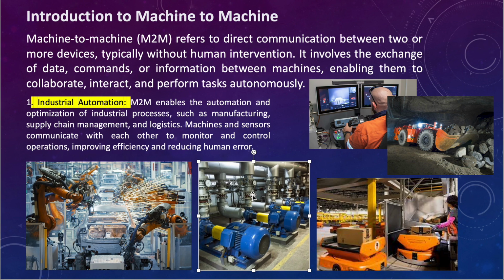But machine to machine is a little bit of an old concept. The concept was there before IoT came into existence, because machines were talking to each other and automation was taking place before IoT came into play.